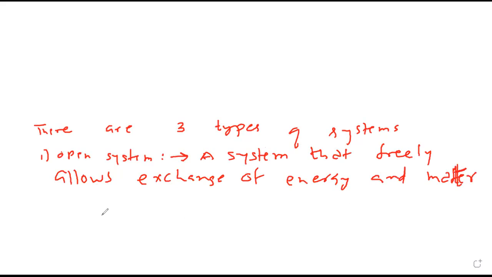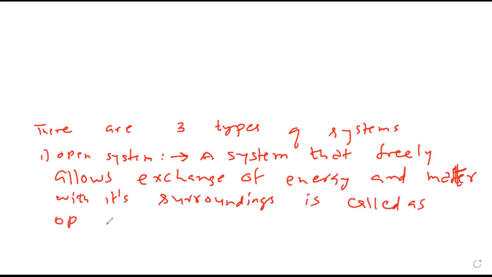A system that freely allows exchange of energy and matter with its surroundings is called an open system.